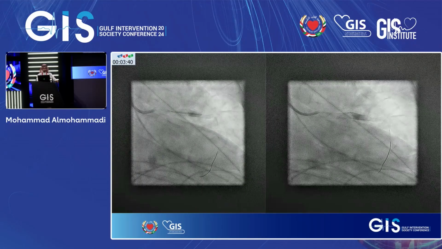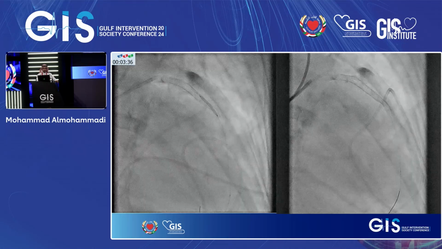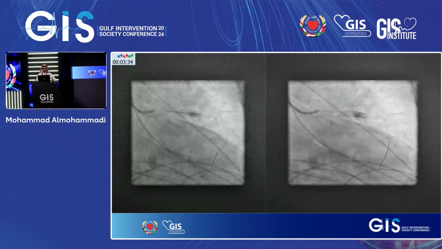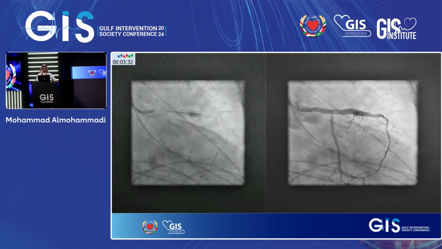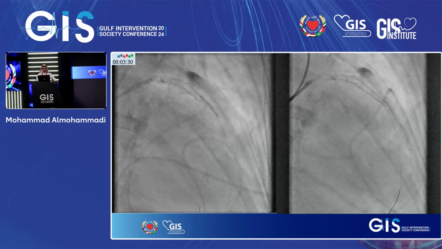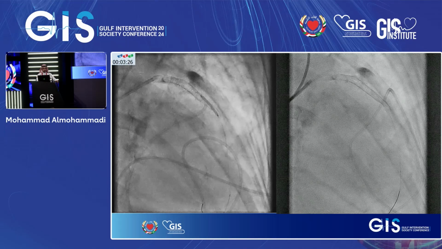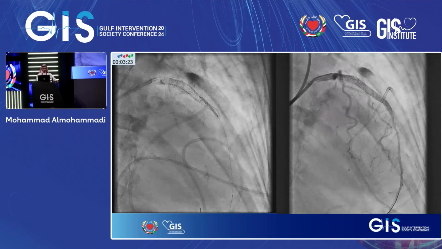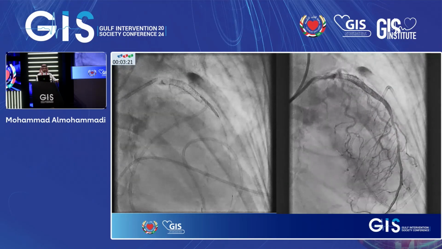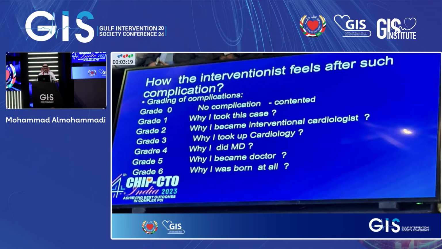So he did a lot of ballooning, but that did not help, so he placed another stent proximal, and that helped a little bit. But we can see at the end there is still some leak, so he thought maybe it's coming from down there, so he placed another stent down there, and that probably took care of the job a little bit. So this was posted on Twitter.